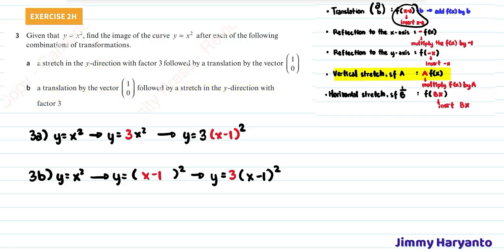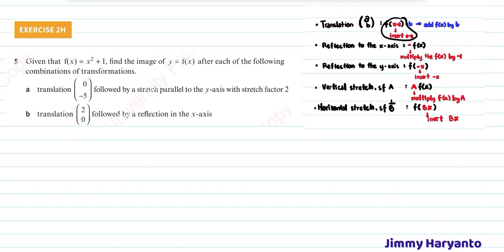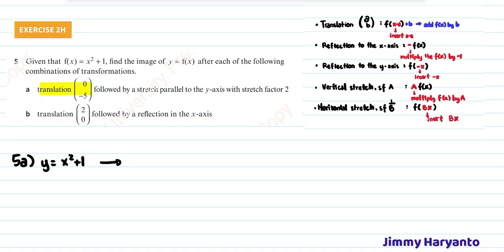Yeah. And then next is 5. Question 5a, we have y equals x squared plus 1. And then the first transformation is translation (0, -5). That means we will use this one, add the f(x) by b. So y equals x squared plus 1. Because this one is -5, we add the function by -5.